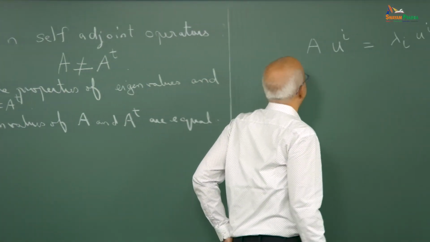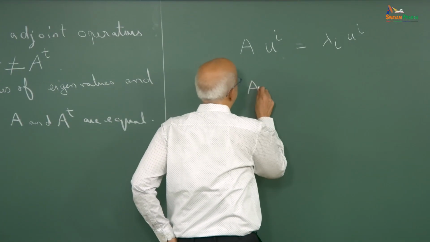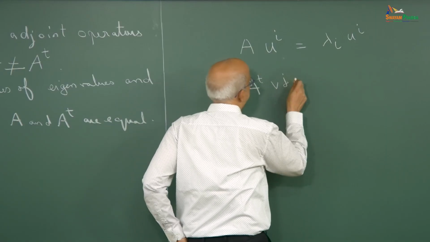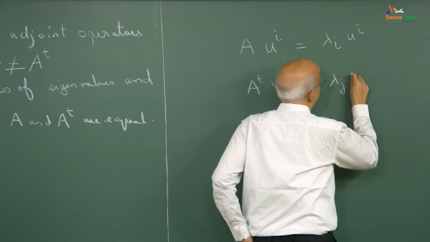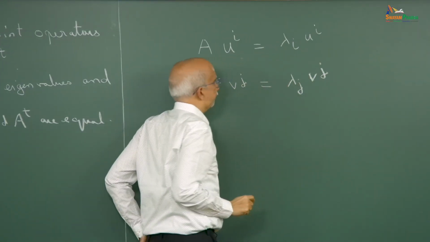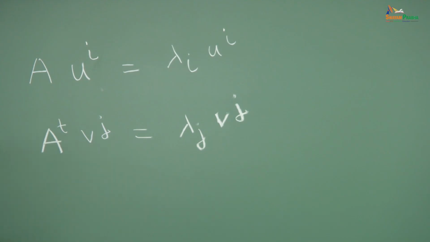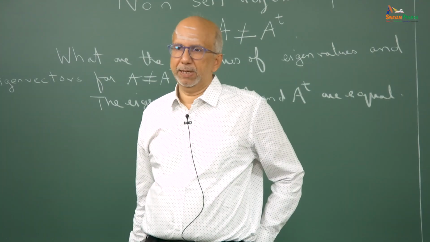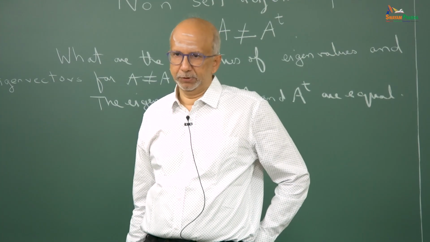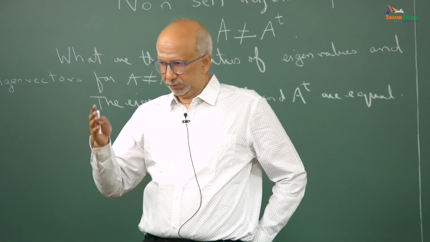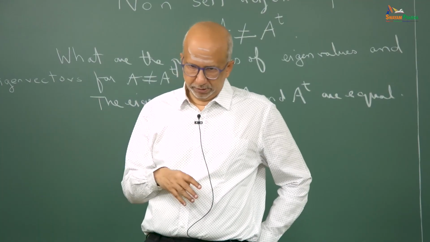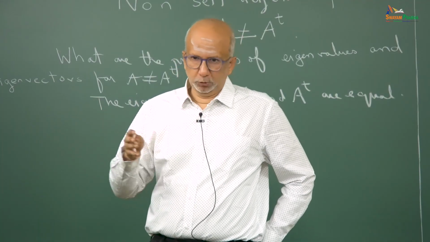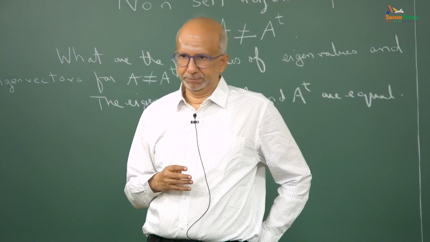Now, for A transpose, I am going to call the eigenvector V so that there is less confusion, and I am going to call this Vj. So, corresponding to the eigenvalue lambda j, the eigenvector of A transpose I am denoting by V is Vj, okay. So, there are n eigenvalues lambda 1, lambda 2, lambda n, V1, V2, V3 are the eigenvectors of A transpose, U1, U2, U3 are the eigenvectors of A, okay.